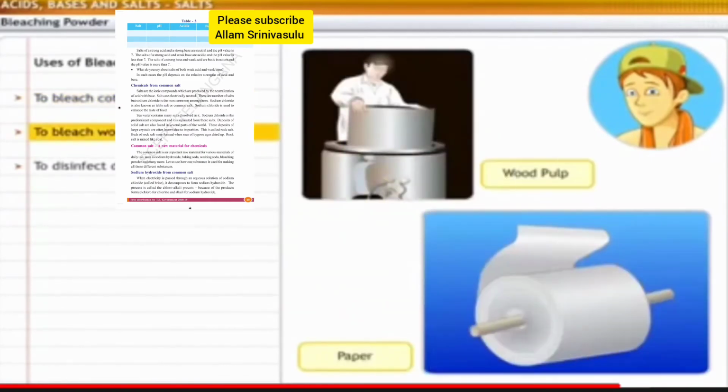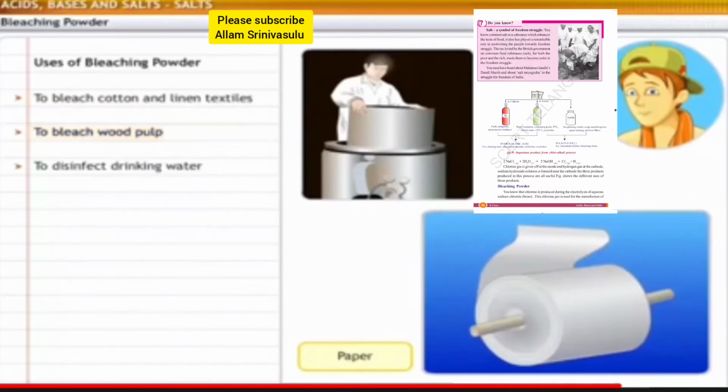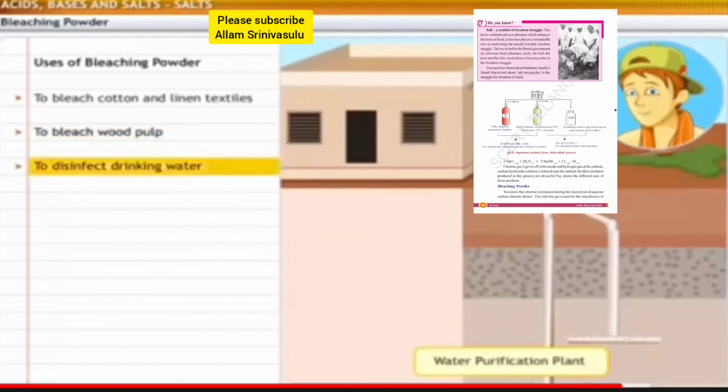Uses of bleaching powder: it is used in manufacturing and in the paper industries, and in water purification plants.